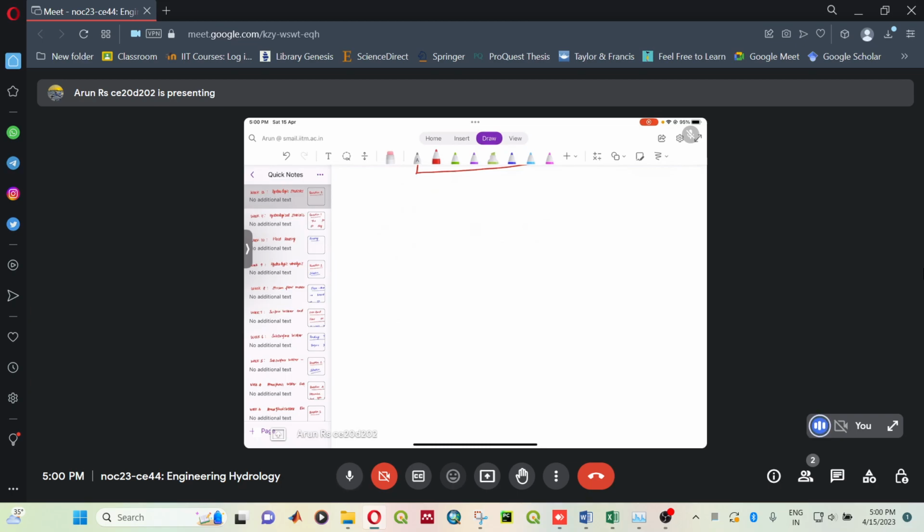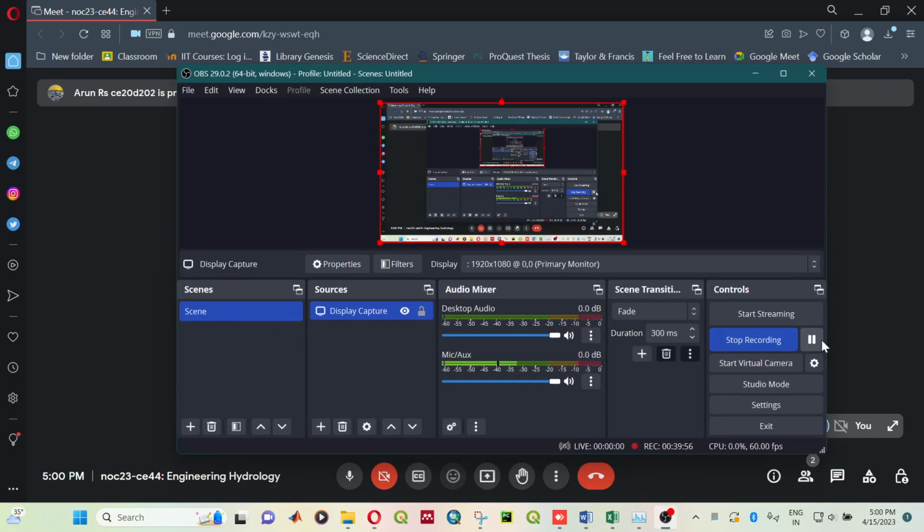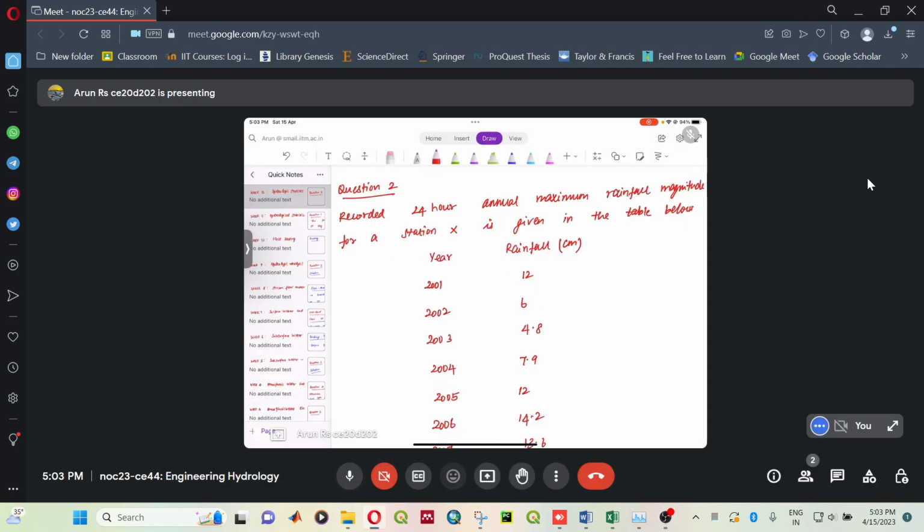Okay, now we'll move on to the second part, which is the estimation of return periods and the risk reliability for a given hydraulic structure. So now we'll move on to the question related to the empirical plotting formulas, which is Weibull's formula, Hazen formula, and one more called California's formula.